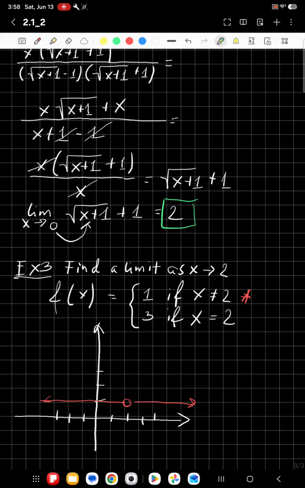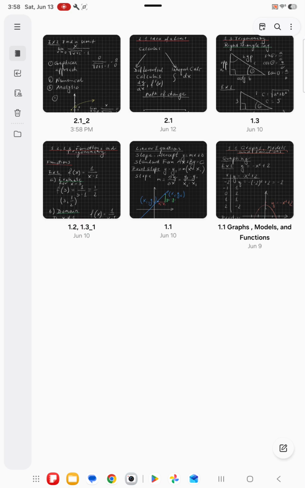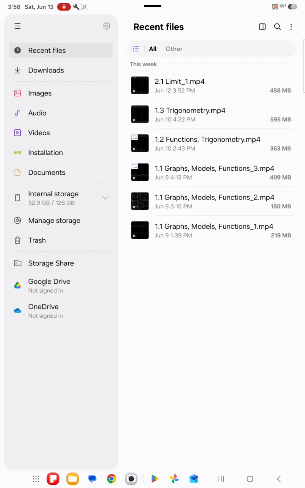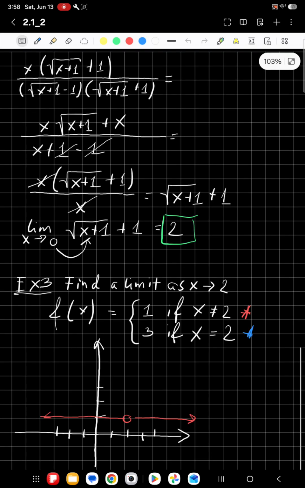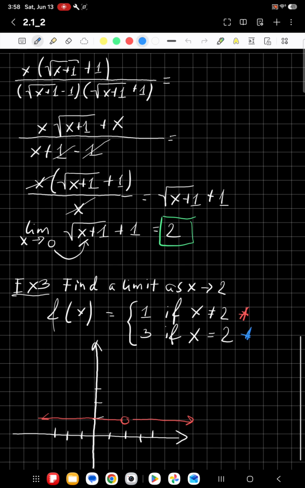When x equals 2, I have 3, so that's my second function. This is 3 right there, and this is 1.